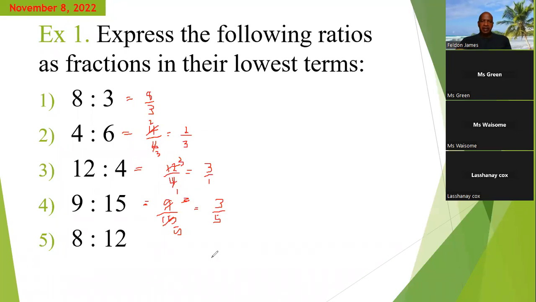All right, last but not least, we have 8/12. And we can cancel using 4. 4 into 8 goes 2 times.